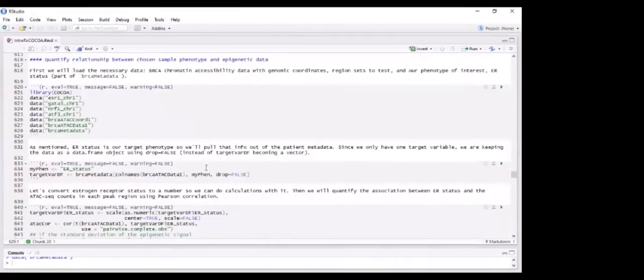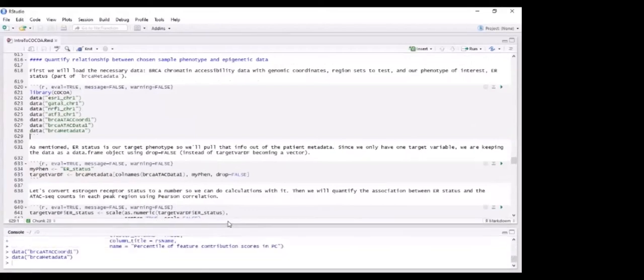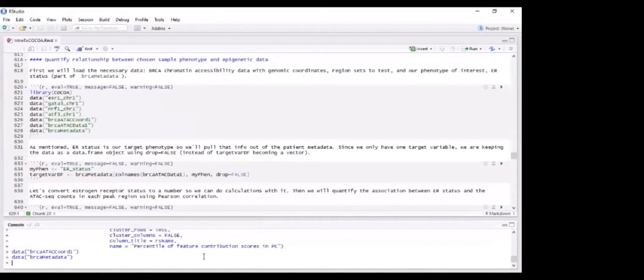In this case, we're looking at the epigenetic signal in regions. Our data is actually a data matrix where the rows are peaks that have already been called, and the columns are samples.